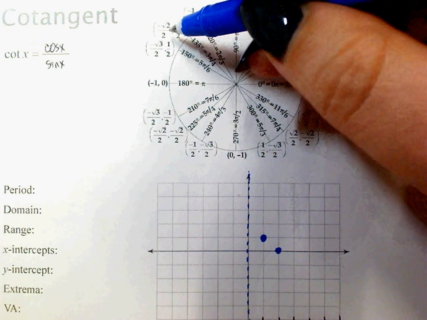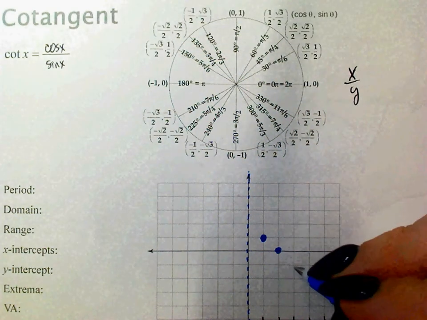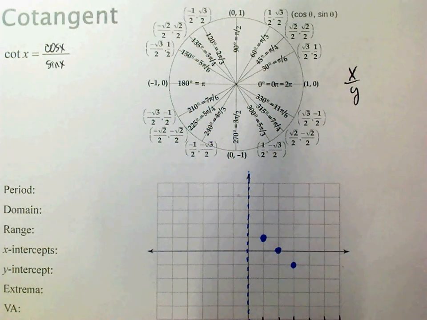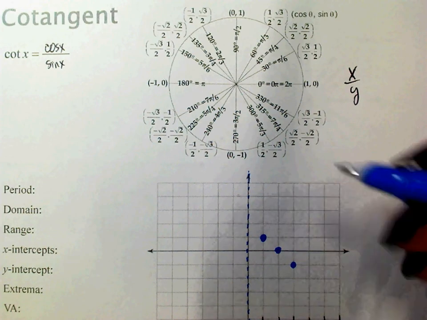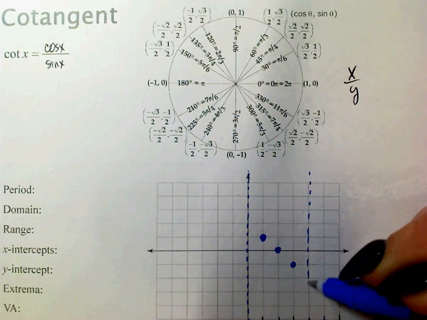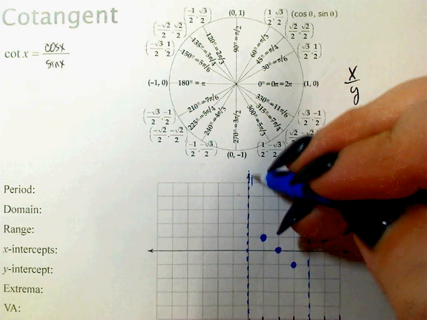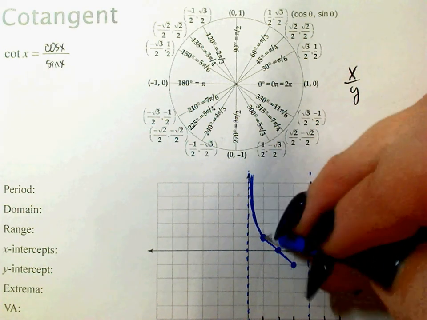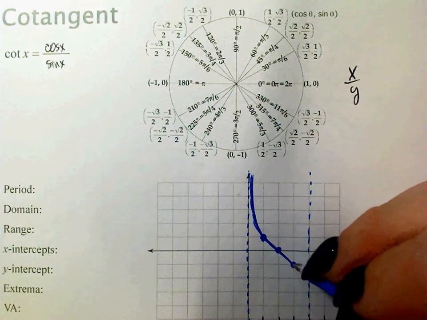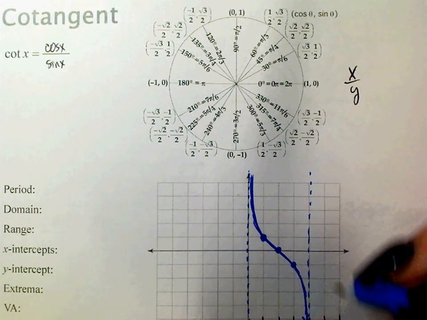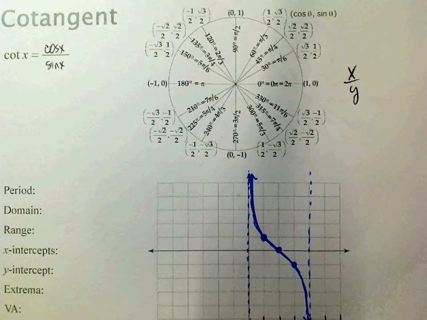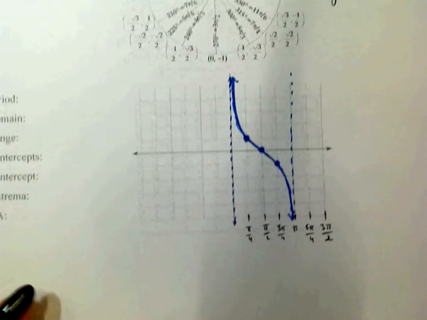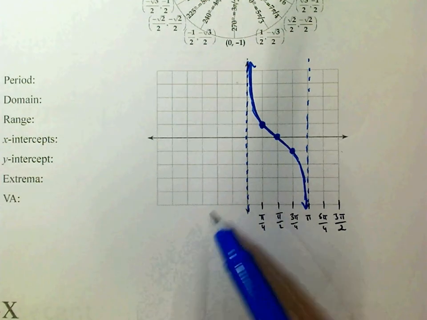Okay. So tangent and cotangent are very similar, but what does cotangent do differently? It starts from above and goes down, but then tangents span on either side of the y-axis. What does cotangent do? It starts at the y-axis, right?